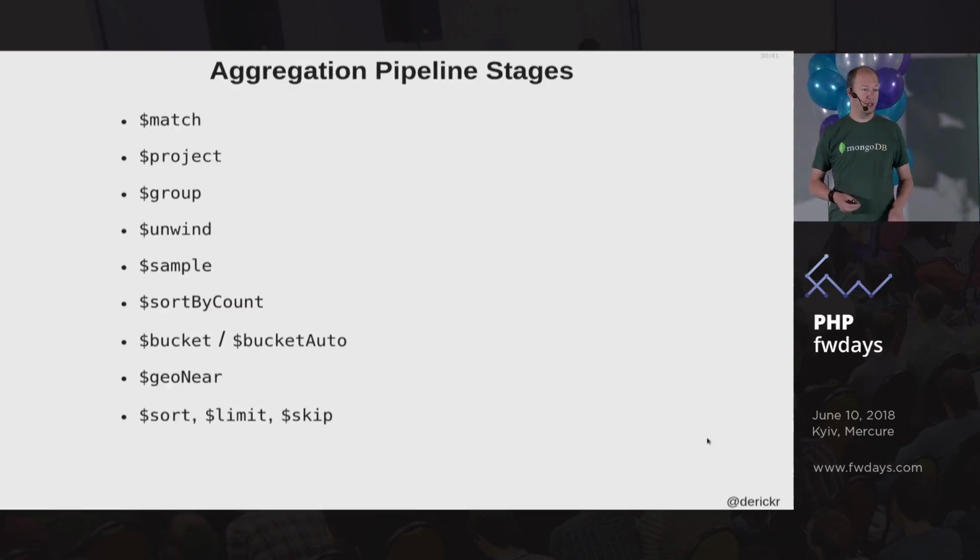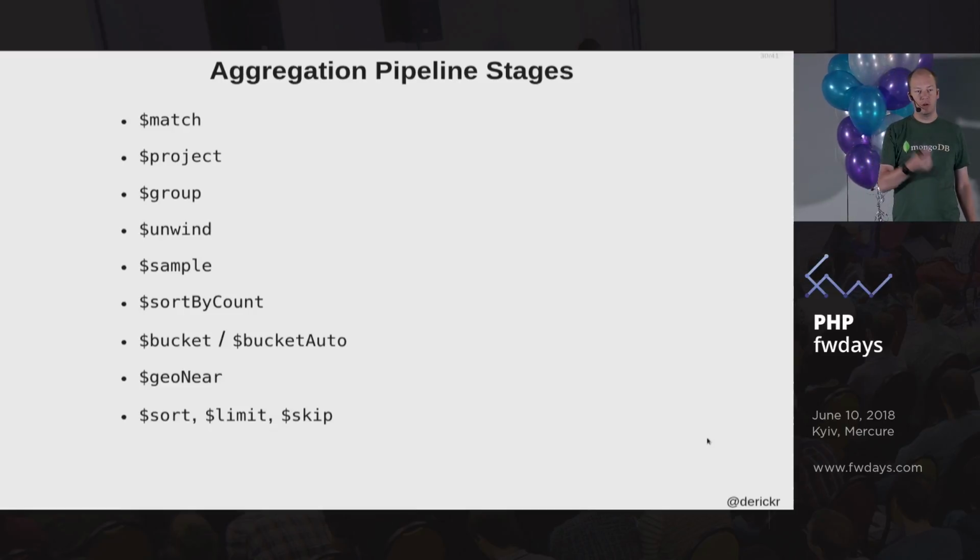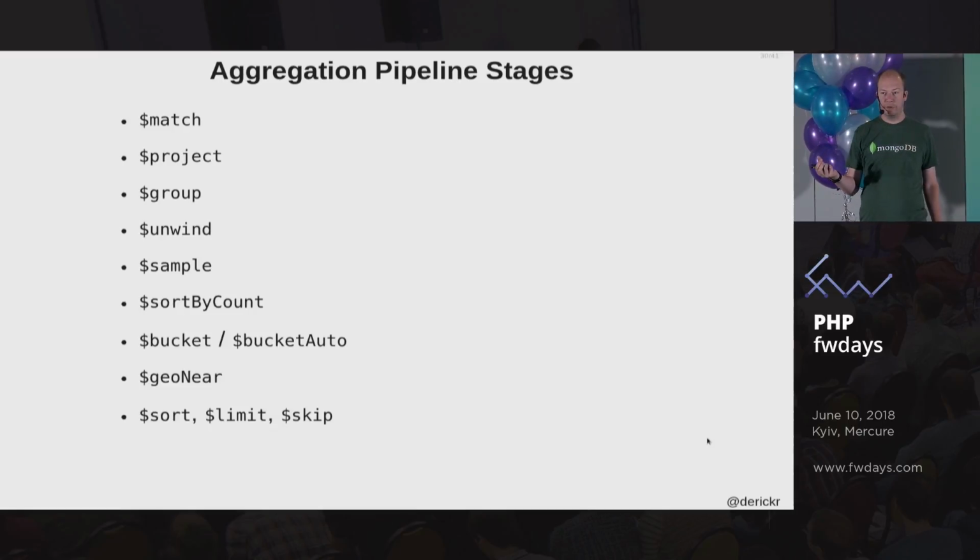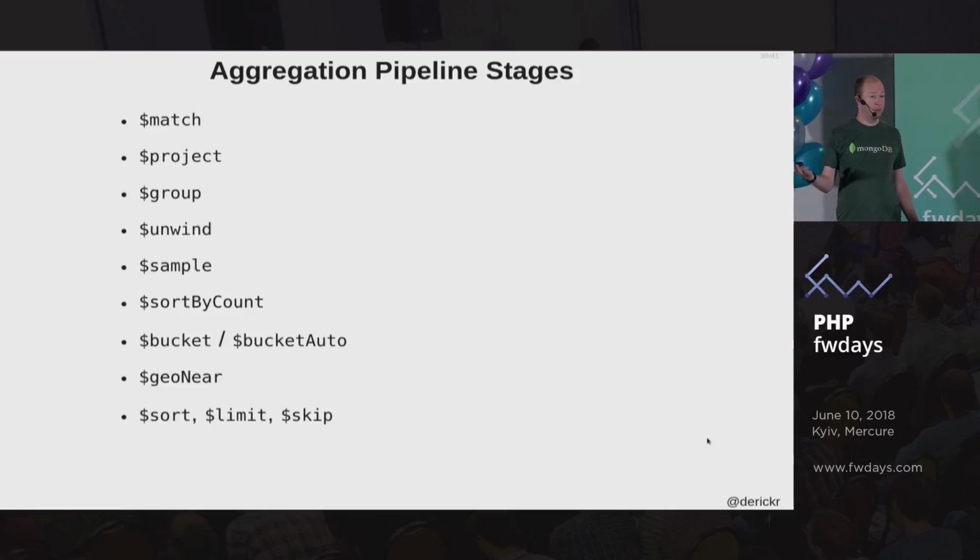There are many different stages. There's match, which is find. Project allows you to only have different fields in there. It's like instead of select star, it's select field 1, field 2. Group is for grouping things together in one specific element. Unwind is the opposite of a group. As MongoDB data can store arrays, unwind will unwind the array and emit a document per array element.